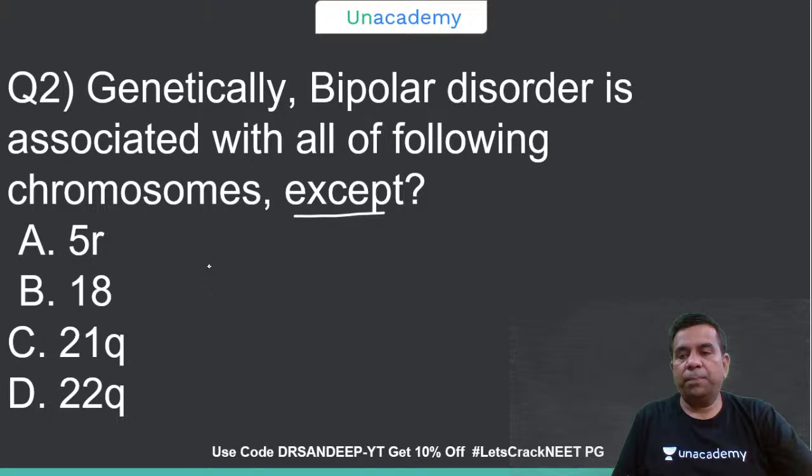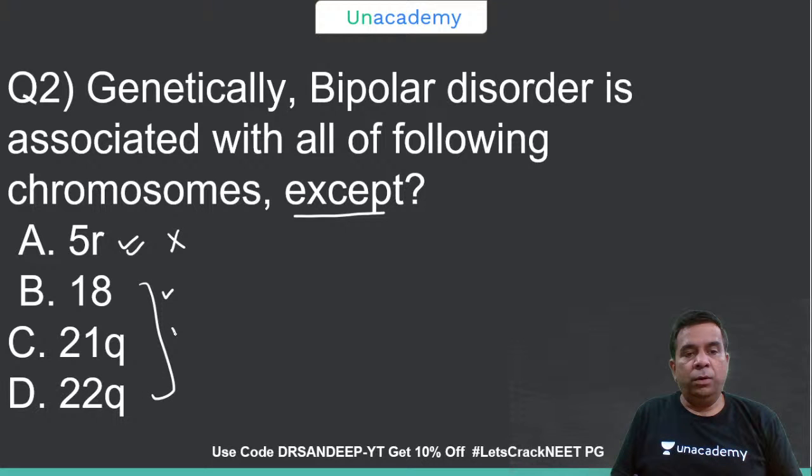We know the latest genes they mention are 18q, 21q and 22q. Those are the genes in bipolar disorder. No, 5 is not there. We know 21q and 22q are also in schizophrenia.